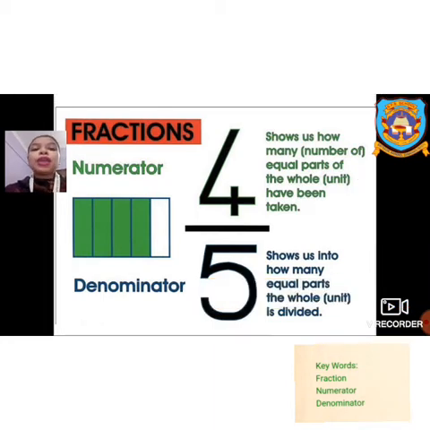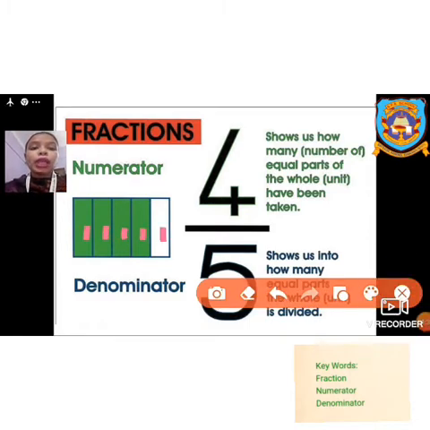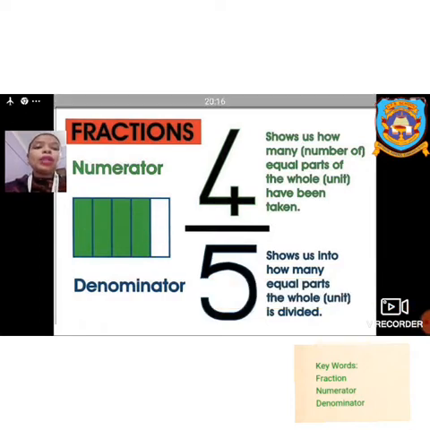Here I have taken an example like 4 by 5. You can see 4 by 5 at the very center of the picture. On the left hand side of the picture, you can see a rectangular bar, and it is divided into how many equal parts? It is divided into 1, 2, 3, 4 and 5, 5 equal parts.